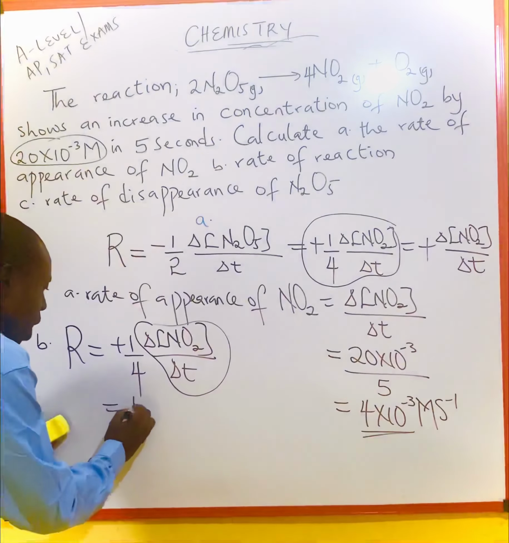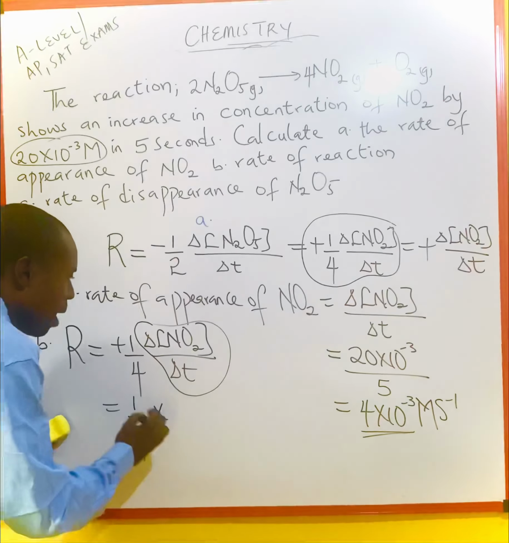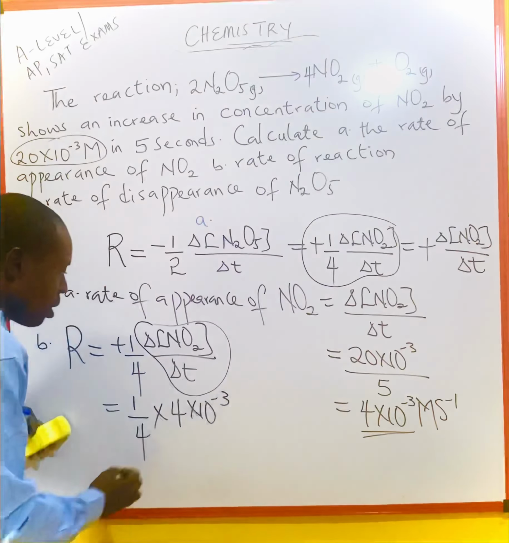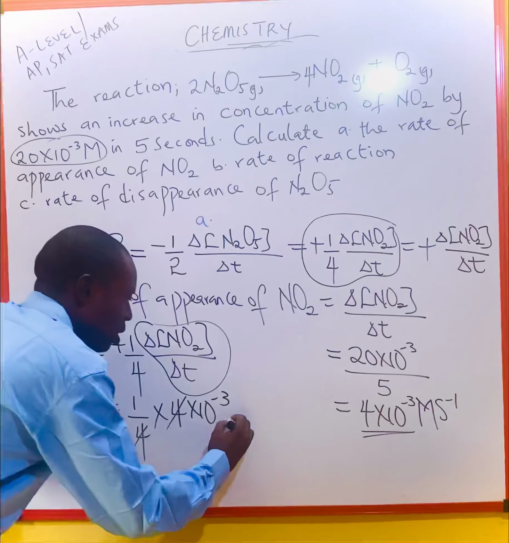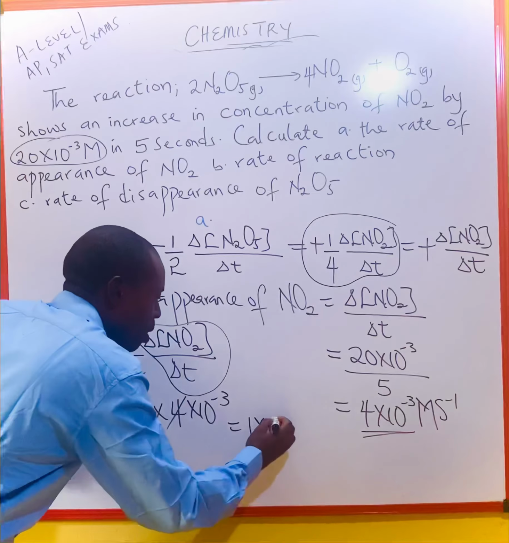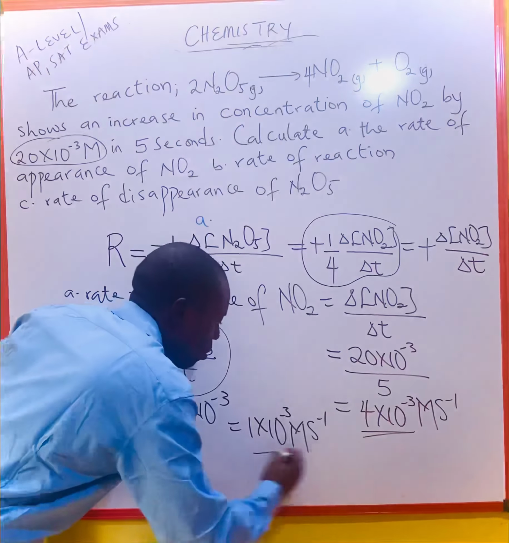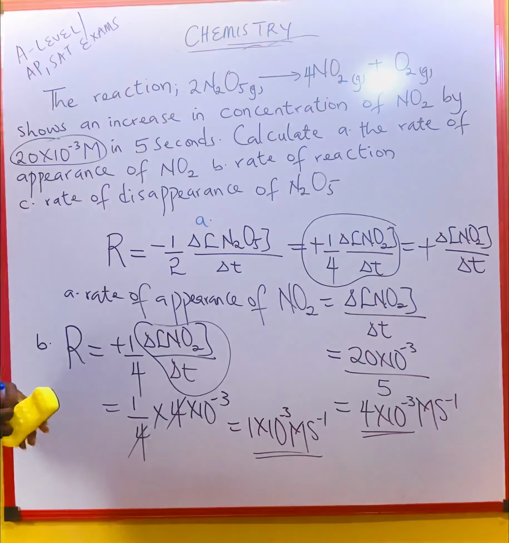So it becomes 1 over 4 multiplied by 4 times 10 raised to minus 3. 4 cancels 4. It is now 1 times 10 raised to minus 3 molar concentration per second. This is for B.